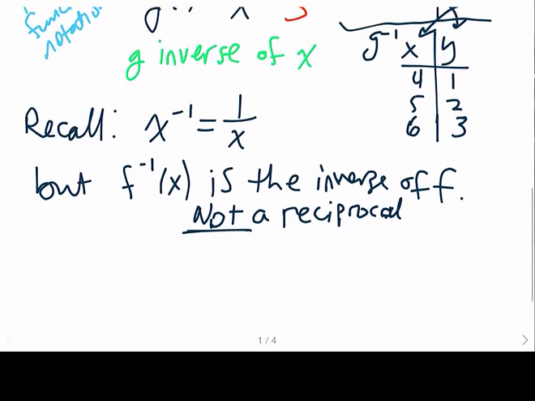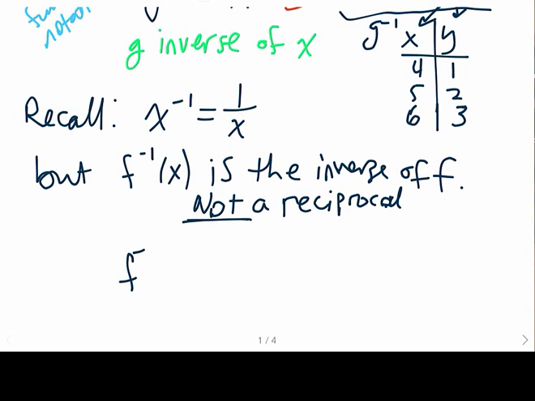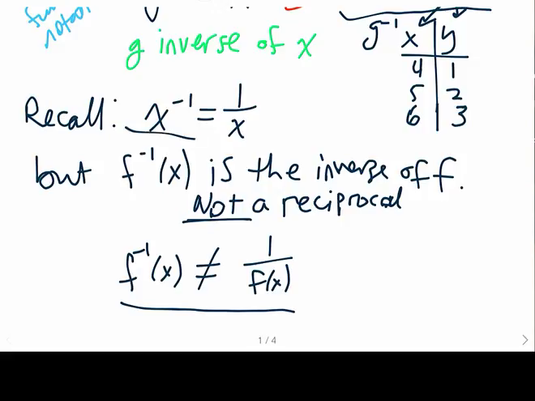That is to say that f inverse of x does not equal 1 over f of x. And if it sounds like I'm getting a little emotional, it's just because this is a very common mistake that I see. We're going to watch this whole video that indicates how we're going to find and consider the inverse of a function. If it were as simple as a reciprocal, we wouldn't need this video for it. So keep that in mind.